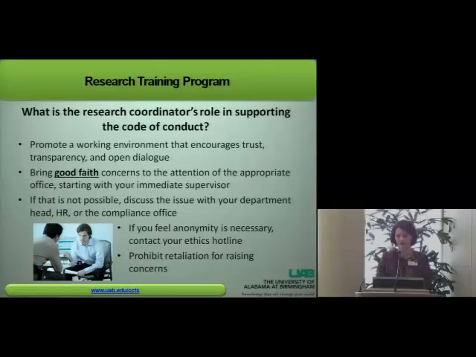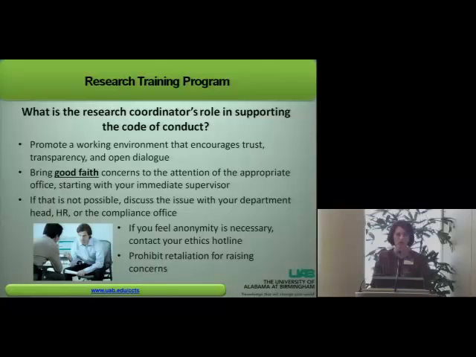Generally, we recommend here at UAB taking issues to first your immediate supervisor or the lead on a project. That way, the information can get to the appropriate office up through the chain of command or up through appropriate leadership. Sometimes, though, based on the issue, that's not always possible or comfortable.